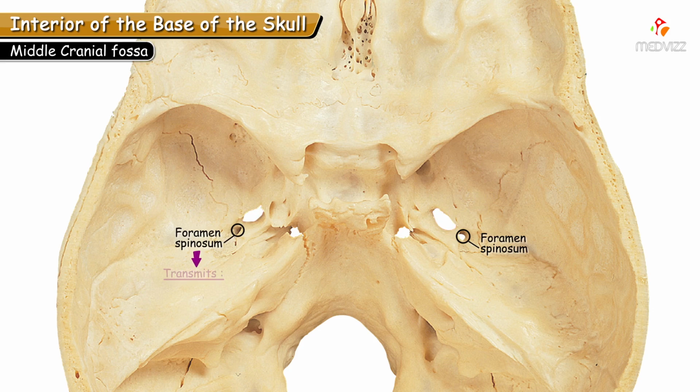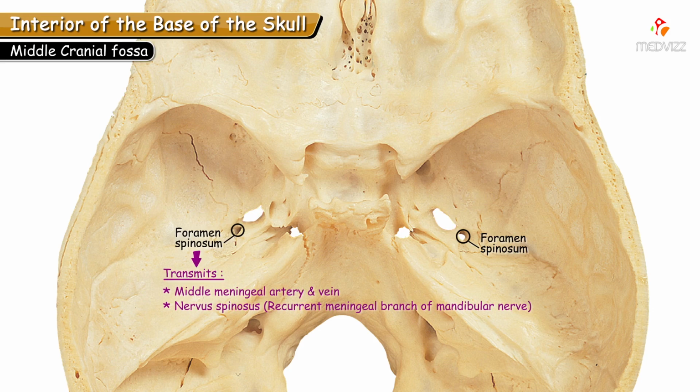Foramen spinosum transmits the middle meningeal vessels and nervus spinosus. Nervus spinosus is the recurrent meningeal branch of the mandibular nerve. So this neurovascular bundle passing through foramen spinosum supplies the major part of the meninges in the middle cranial fossa.